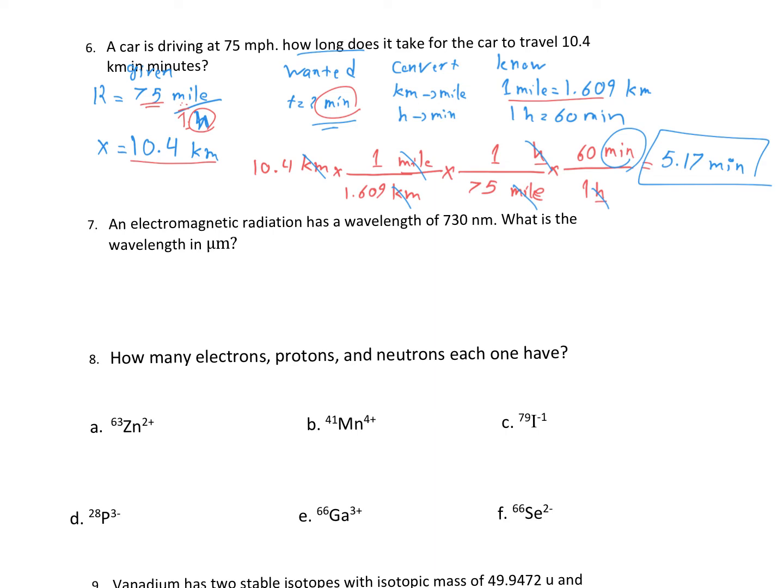It's just a conversion. You have a number in nanometer, and it's asking for that number in micrometer. So you have nanometer to micrometer conversion. I didn't write the list like given, wanted, convert to make it shorter.